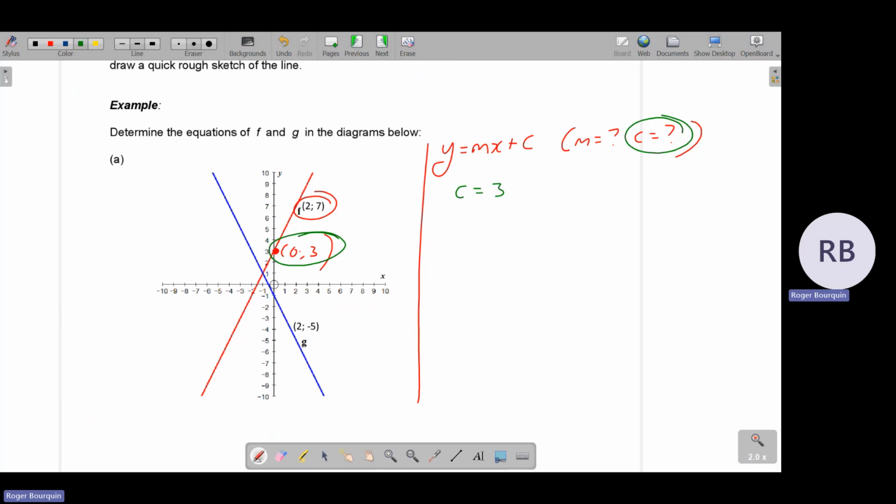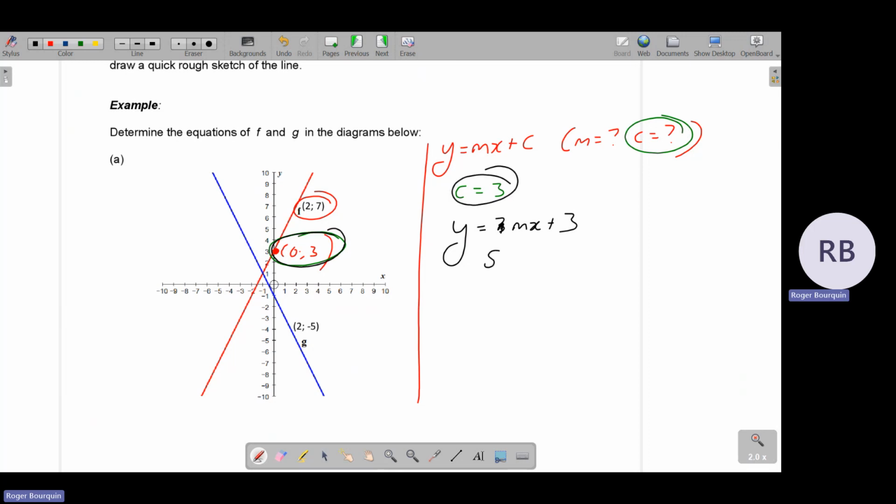As soon as you've got m or c, put them into the equation. So the equation becomes y is equal to mx plus 3. Now you still need to find m. You could find m using the gradient formula, but you could also find m by subbing in any other point except the y-intercept which we've used.